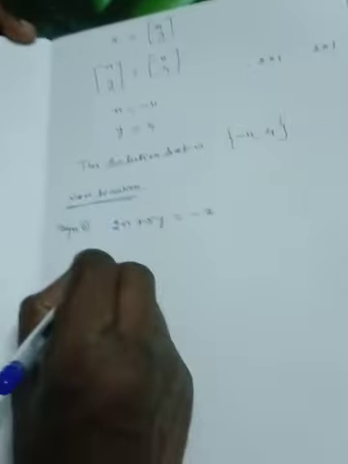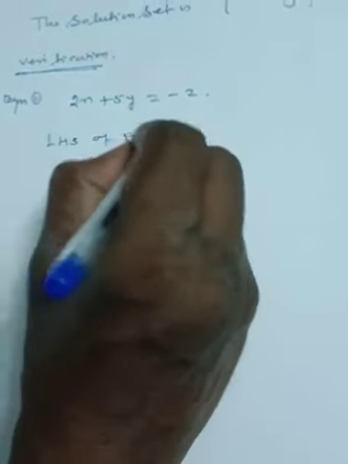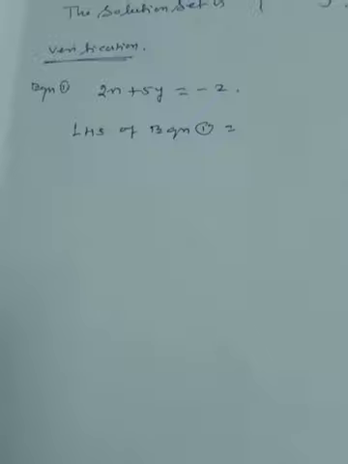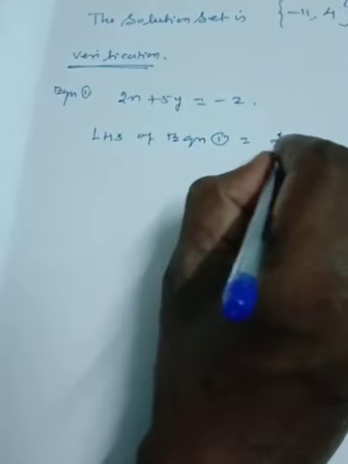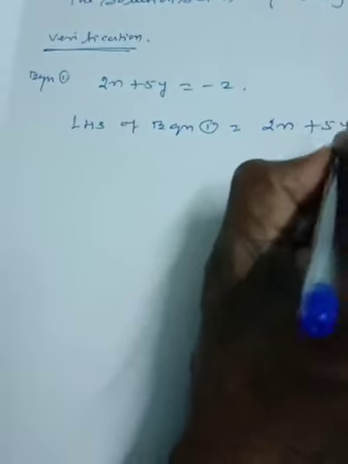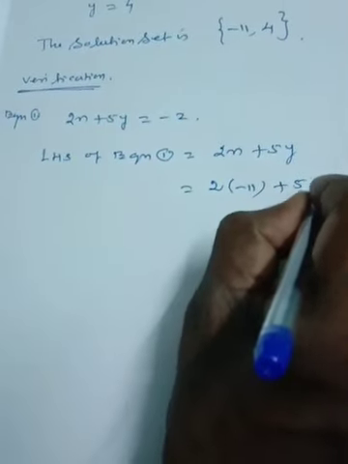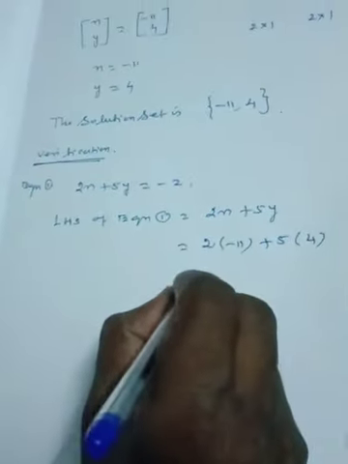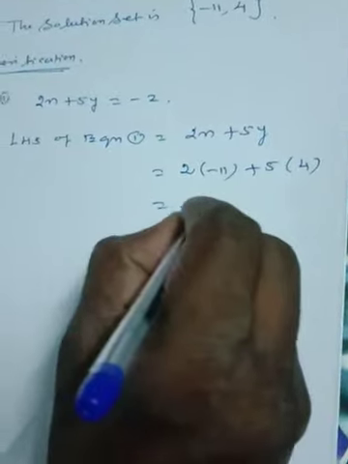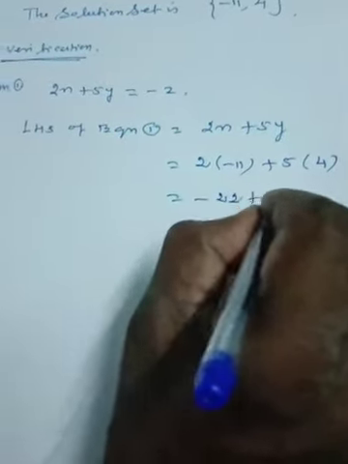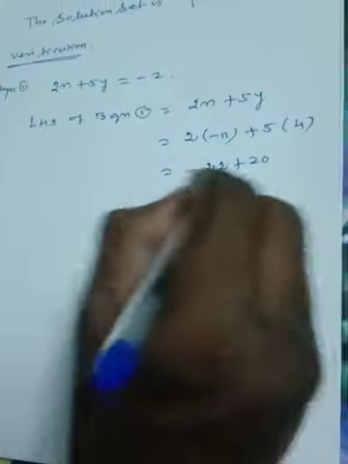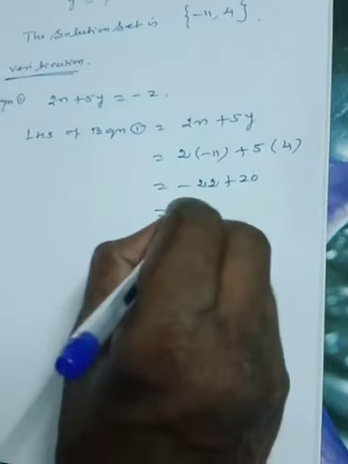LHS of equation number 1 is equal to 2x plus 5y: 2 into minus 11 plus 5 into 4, minus 22 plus 20 is equal to minus 2.